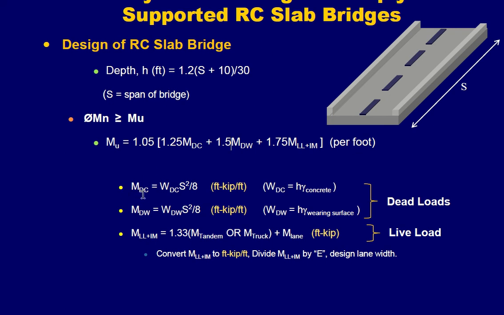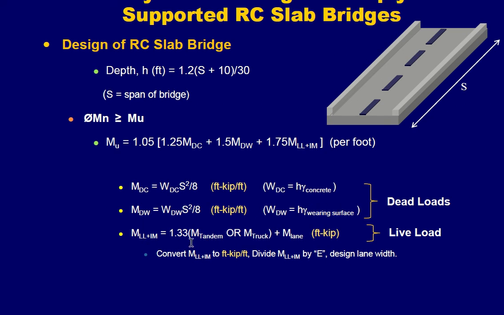Now MDC is equal to WDC S squared divided by 8. What is WDC? WDC is simply the unit weight of concrete times the thickness of the slab, or h of the slab. What is MDW? It's the same equation, whereas you have to use the unit weight of the wearing surface.